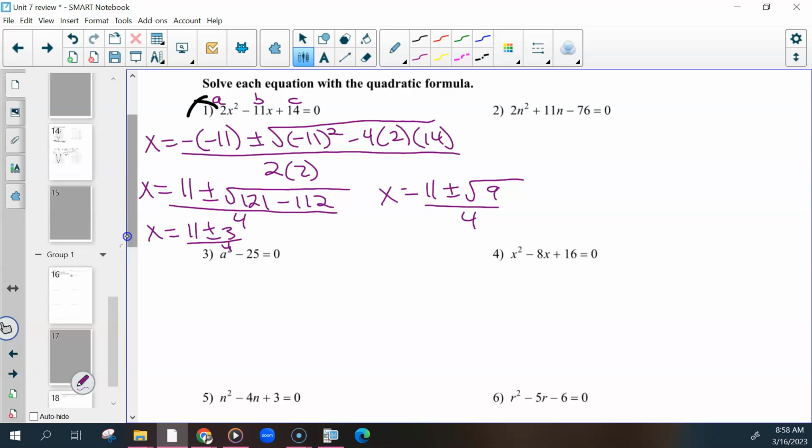After you get that, separate it into 2 things. 11 minus 3 over 4 and 11 plus 3 over 4. Figure out what both of those things are. What 2 numbers will we get for our solutions?